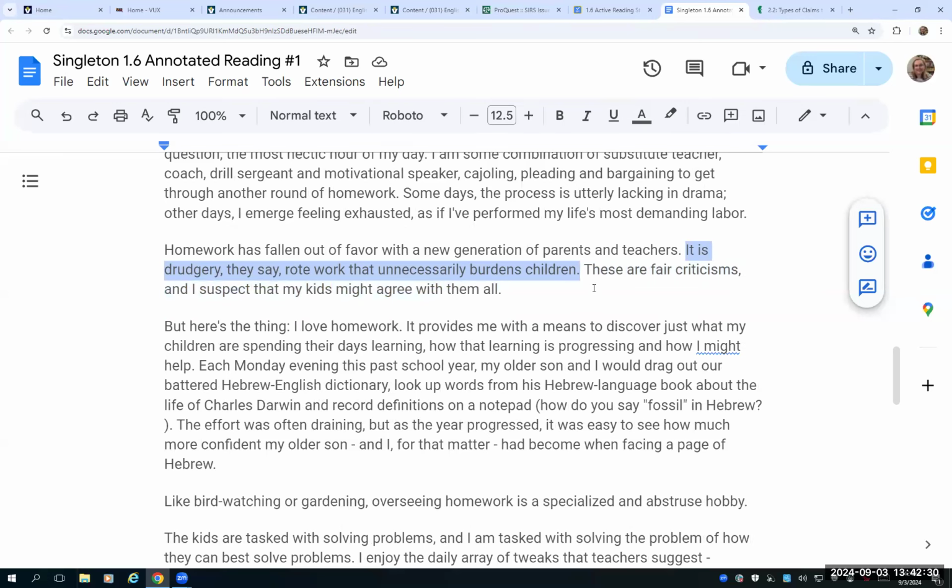That's a claim about homework that my author is making. They're saying that it's boring, that it's unnecessary, it puts burdens on children. I would say that is probably a claim of value here.